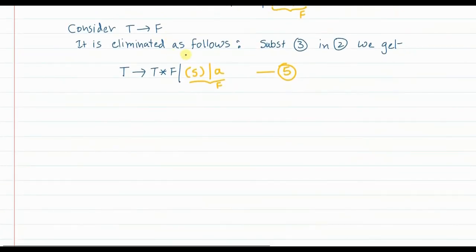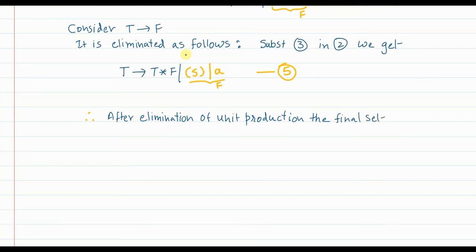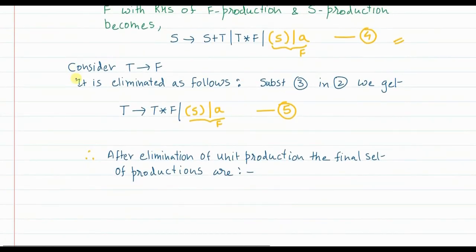Therefore, after elimination of unit productions, the final set of productions are as follows. First we will have equation 4, the final set for S production.